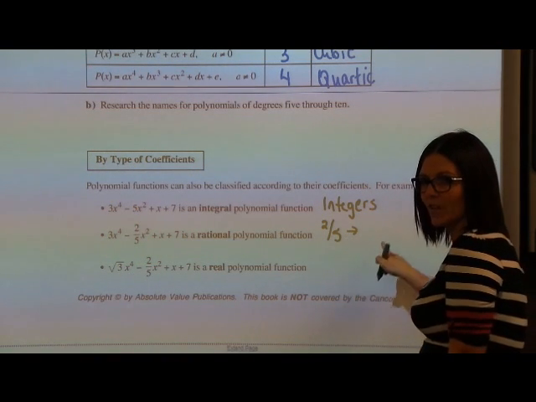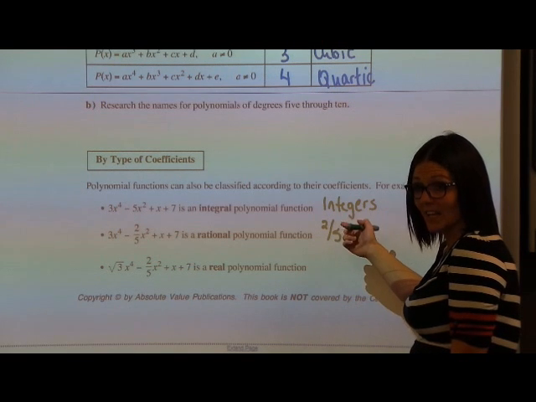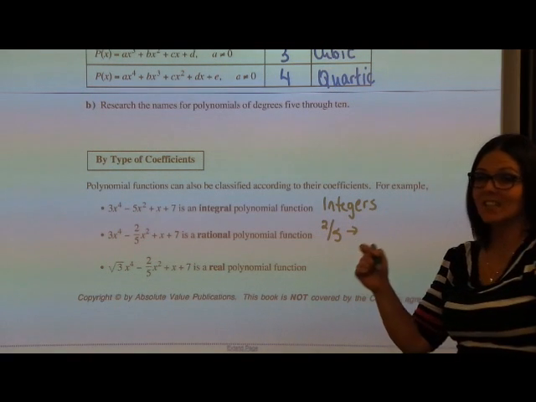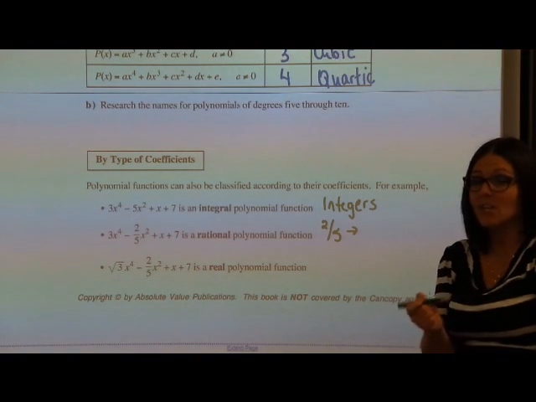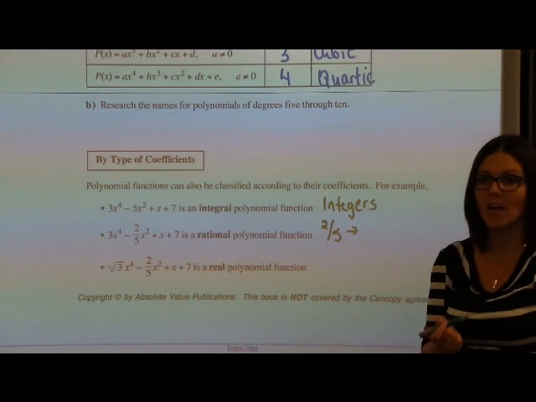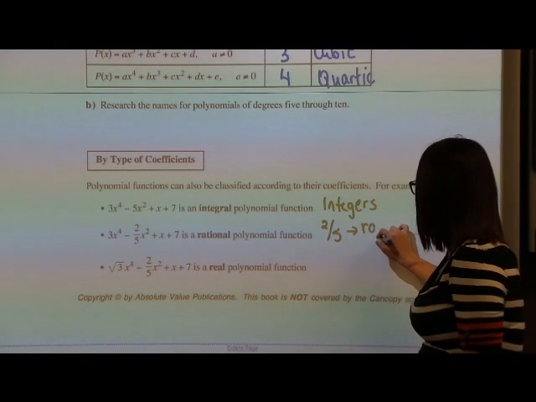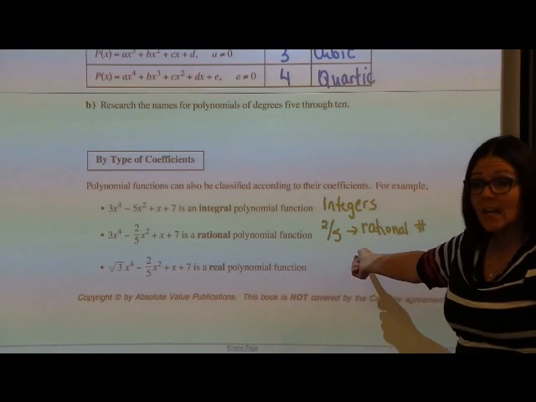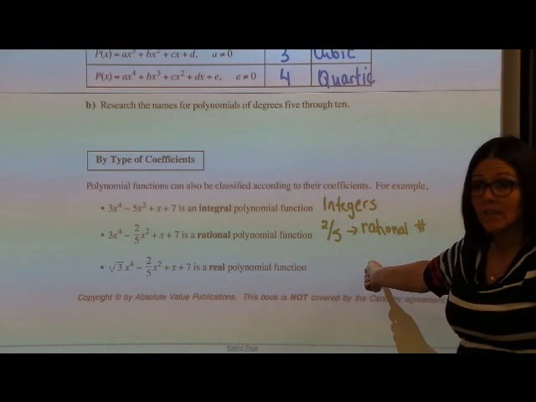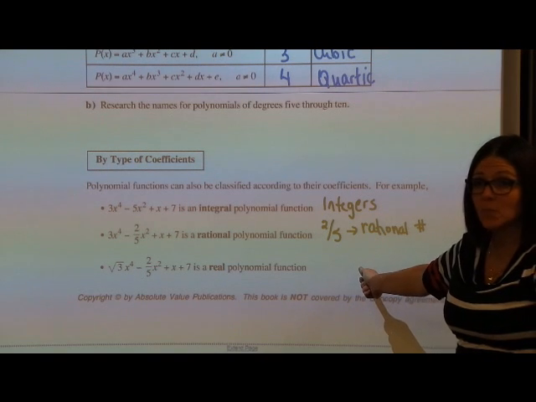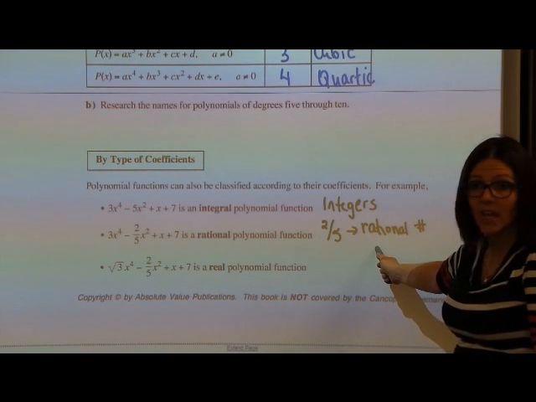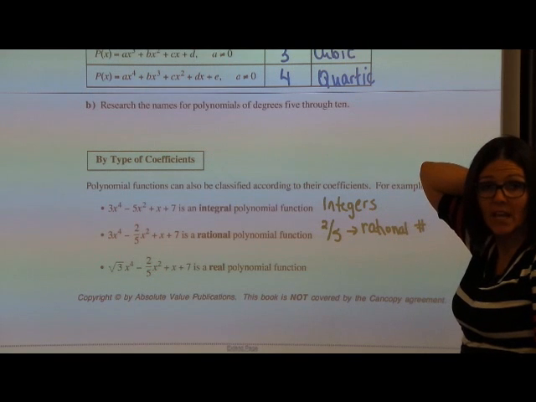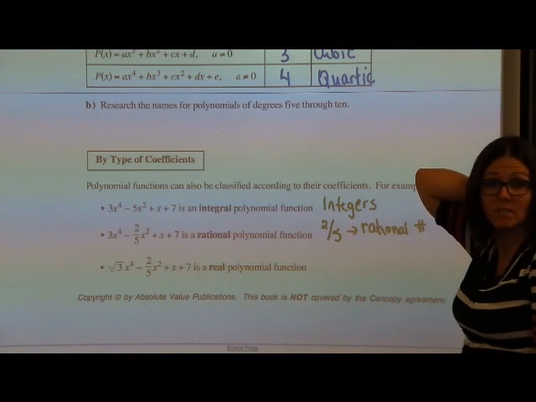What kind of number is 2/5? It's a fraction, and a fraction is a rational number. The definition of a rational number is I can write it as a fraction. So decimals would also be included in this. Terminating and repeating decimals would be in this classification, because I can write terminating and repeating decimals as a fraction.